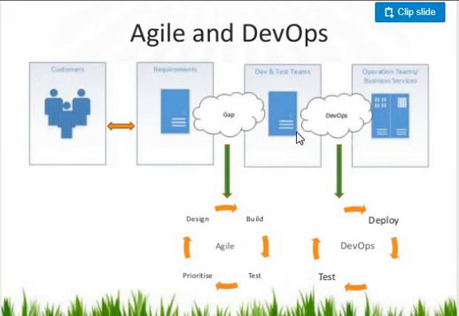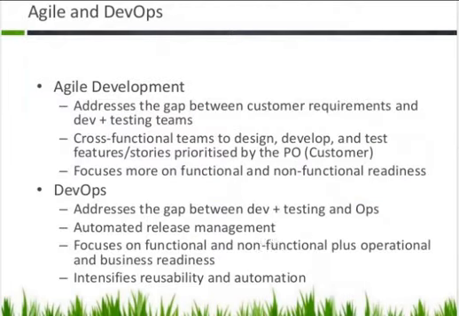Now we have another gap, between the development and operations teams, which is the gap between the development environment and the production environment. That is fixed by DevOps. So the combination of agile and DevOps fixes the two gaps in the software development lifecycle, right?